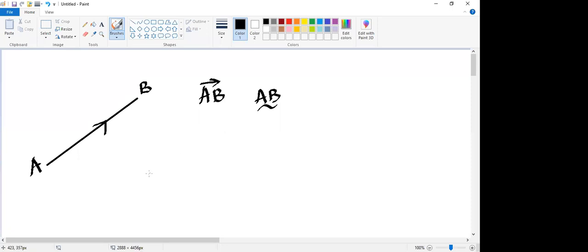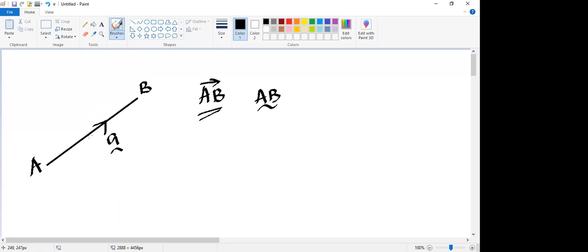Very many times we use small letters to represent vectors, and we can write vector AB as a vector a, with a tilde. So this direction AB gives us the direction when we are writing. When I write AB with this arrow, I'm giving the direction that the vector is moving from point A to point B, and that is its direction.